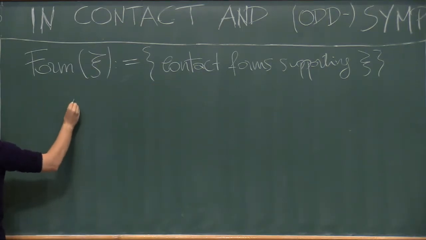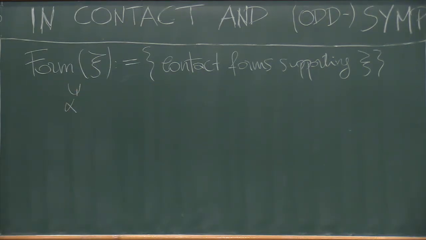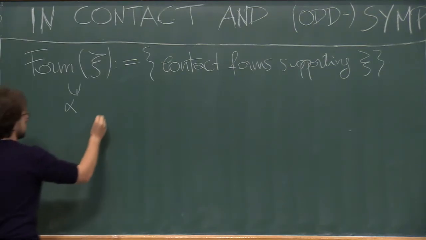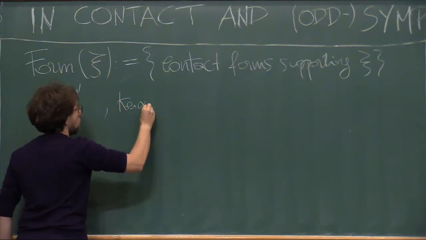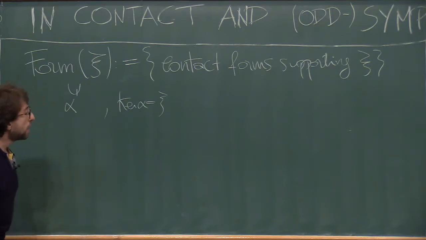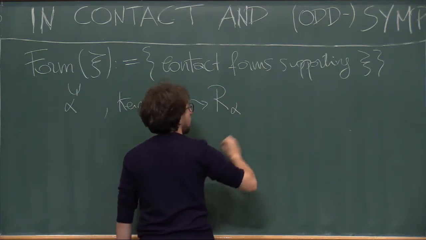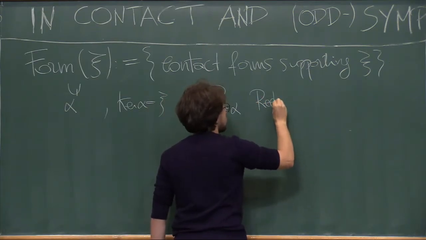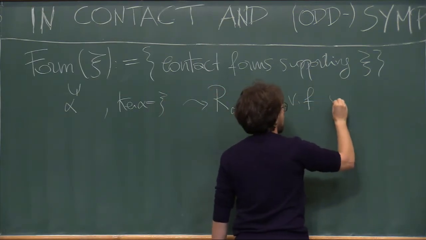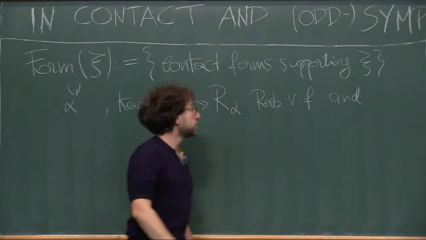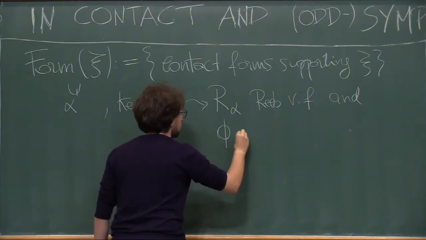Here I have a form alpha, and the kernel of alpha is psi. Associated to alpha, we have the Reeb vector field R alpha, and the corresponding flow, which I denote by phi alpha.